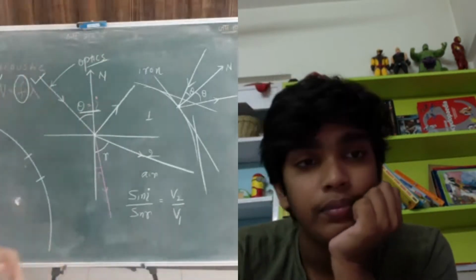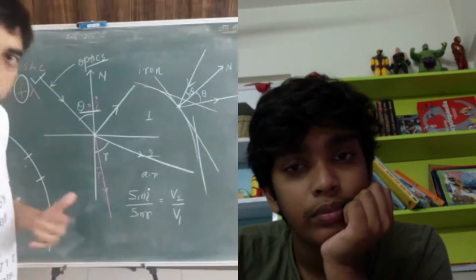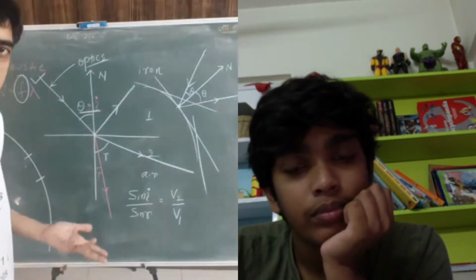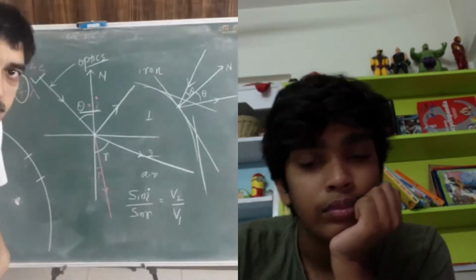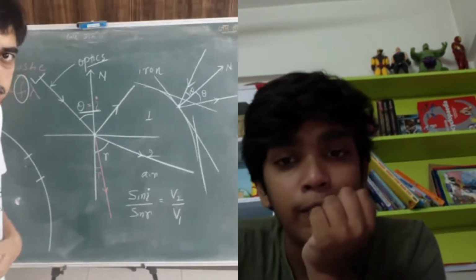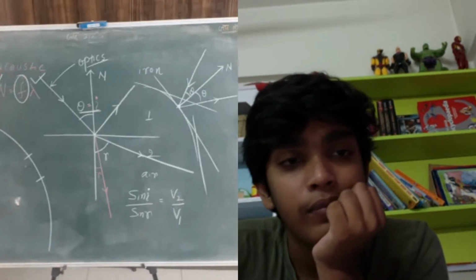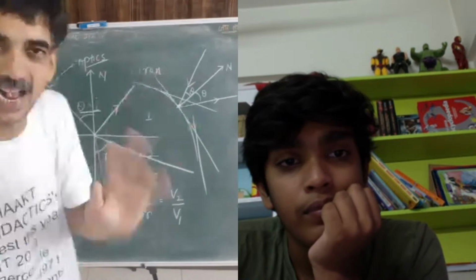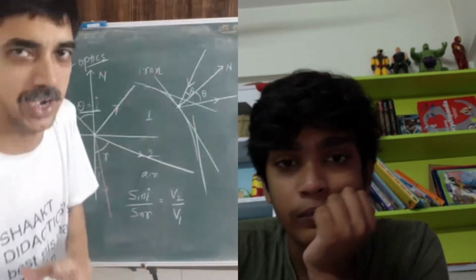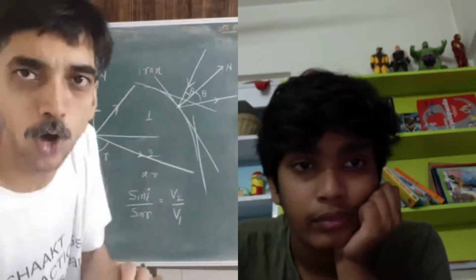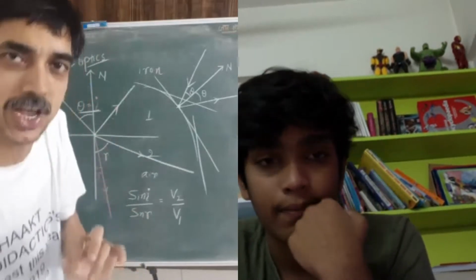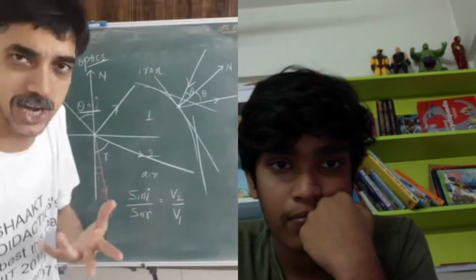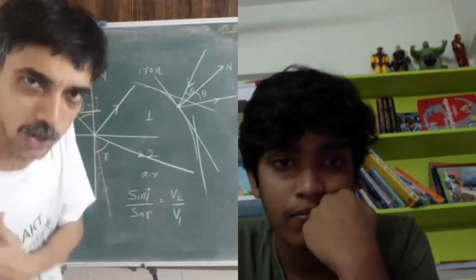This is an experimentally and mathematically proved statement. We are not going into the veracity of it because at this grade you are not to look for proof. Proof will come in 12th standard. Sin I by sin R equals V2 by V1.